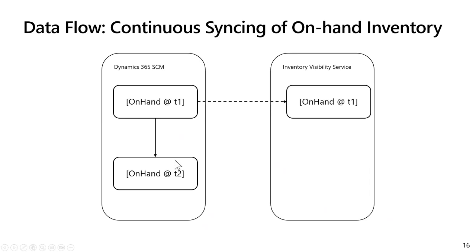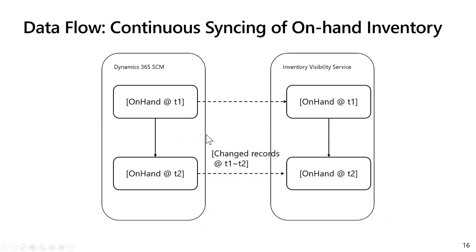Within a short time interval, there is an operation in your Dynamics 365 supply chain management. Let's say someone added the on-hand quantity for an item. The changed records during this time interval will be synced to inventory visibility service periodically, depending on the recurrent batch job that runs every minute in the background.